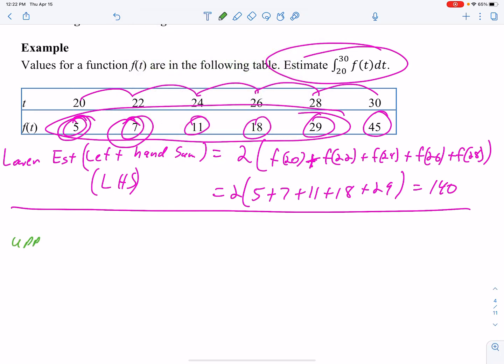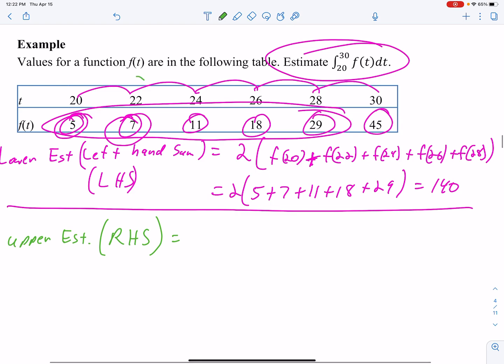So now let's do the upper estimate. Since this is an increasing function, the upper estimate is going to be the right-hand sum, RHS. Same process, but we start with the second one here.